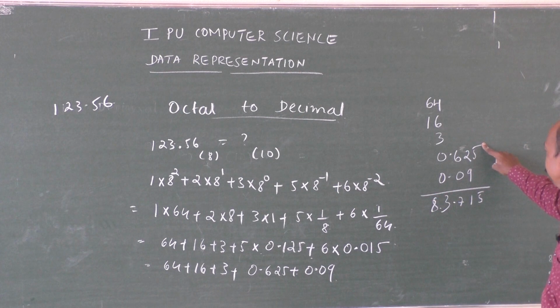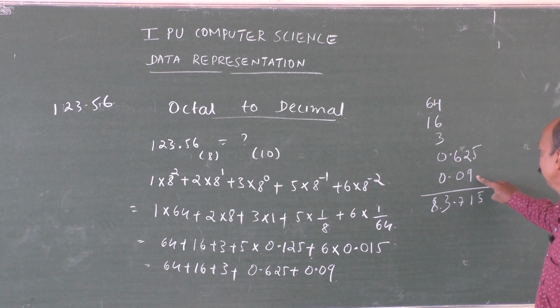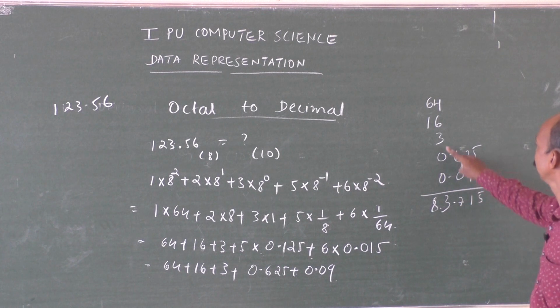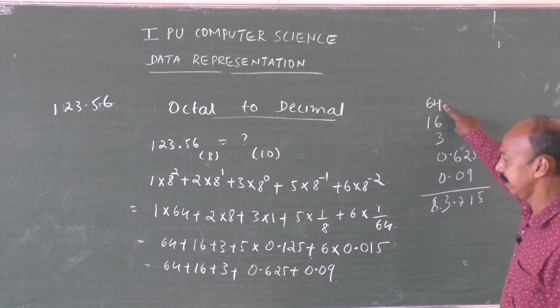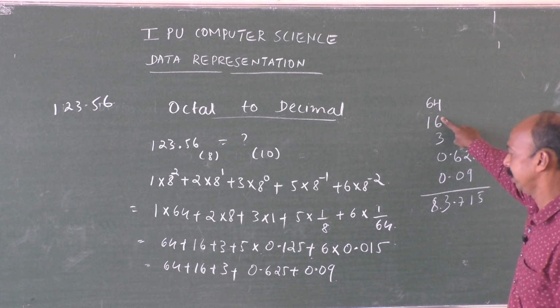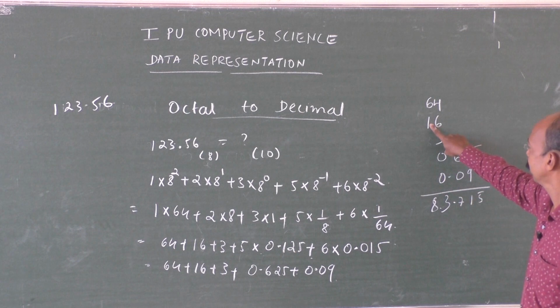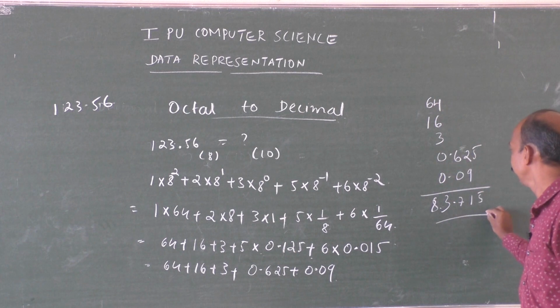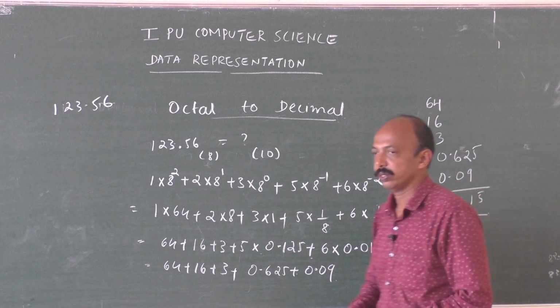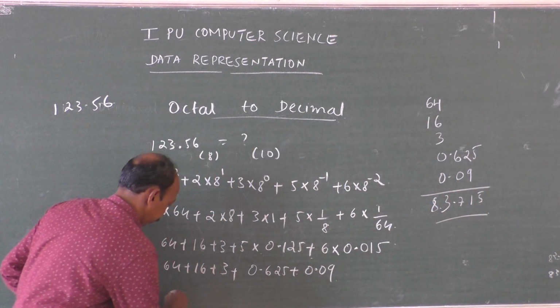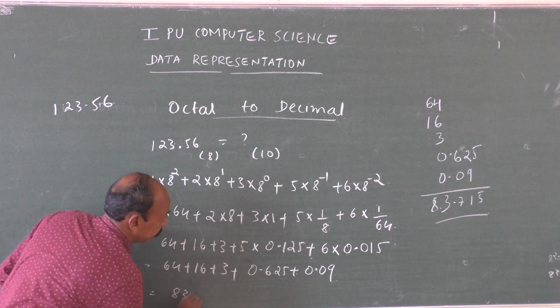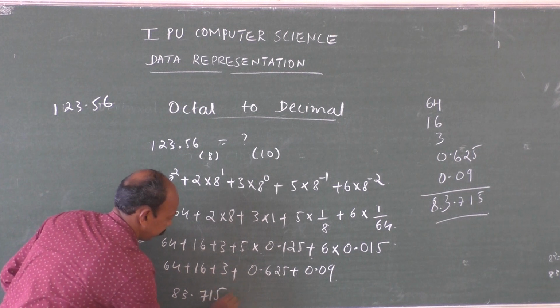Cross verify: 5, 7, 16, 64, 16, 3. The answer is 83.715.